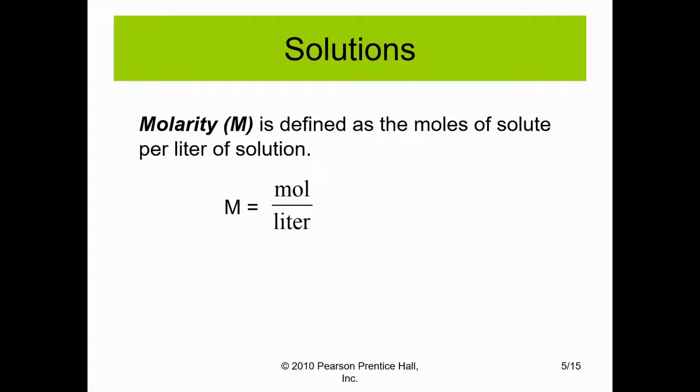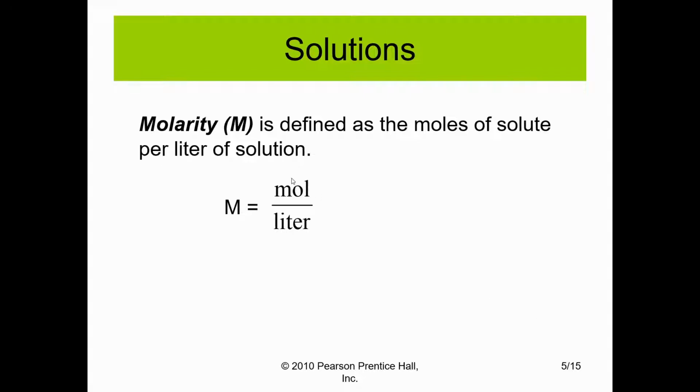And we can get more specific using the concept of molarity. When we look at molarity, we're looking at a concentration, and there's 2 values we have to incorporate here. In the numerator, we have moles.